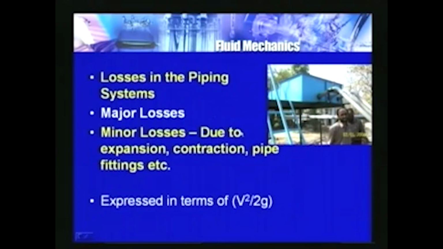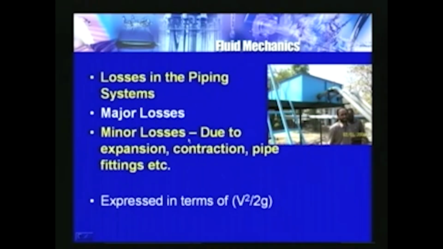The minor losses are due to the various pipe fittings or changes in pipe, like expansion, contraction and other kinds of fittings. As we discussed, the losses can be major losses and minor losses.